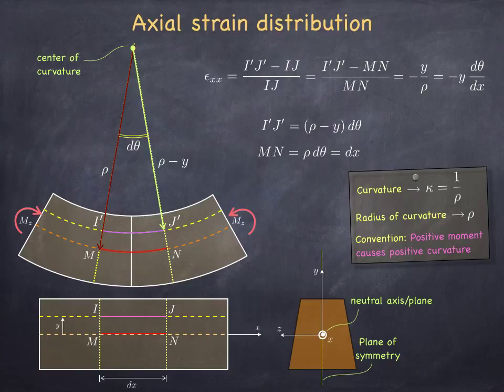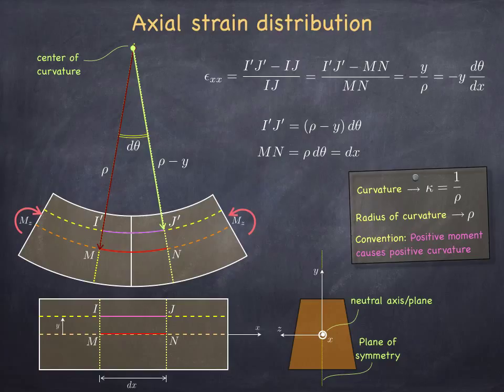And epsilon xx varies linearly with respect to y, as dictated by the Bernoulli-Euler kinematic hypothesis, so that when y is the largest in the cross-section, we have the largest compressive, negative strain, and when y is the largest in the negative direction, epsilon xx will be the largest tensile strain.